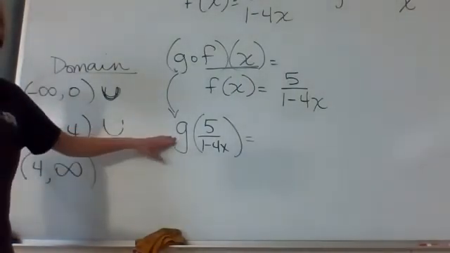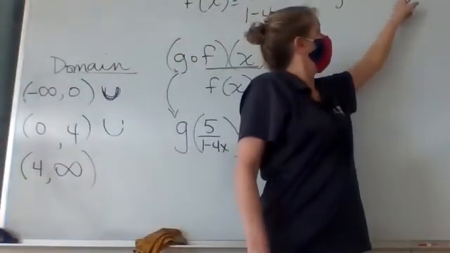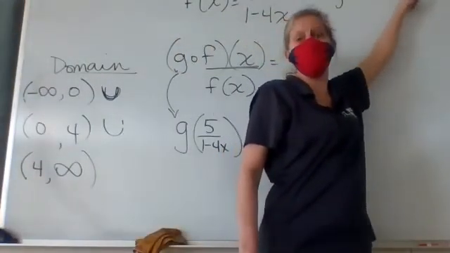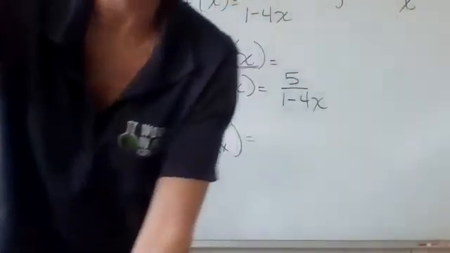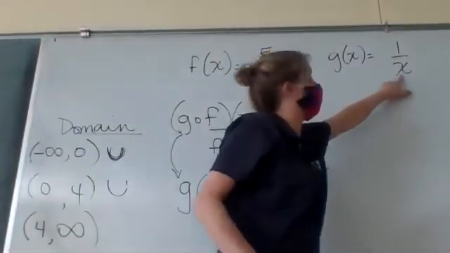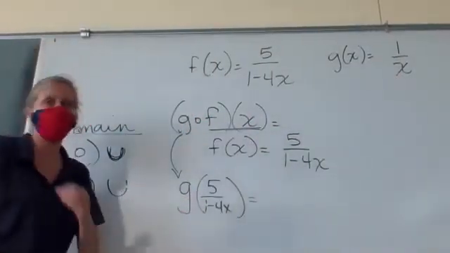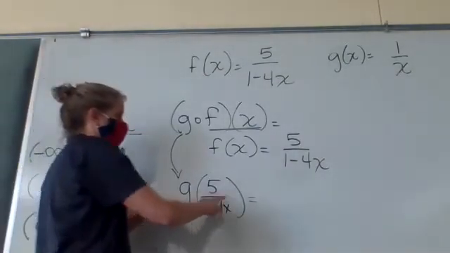Okay. My steps tell me now that I'm going to go to my g function, and I'm going to replace this x with 5 over 1 minus 4x. So just go with the flow.